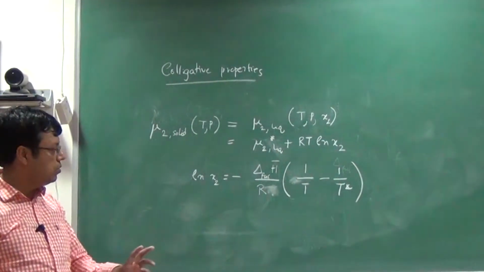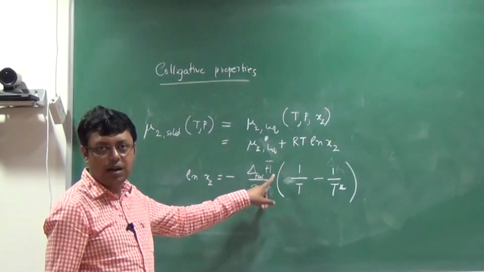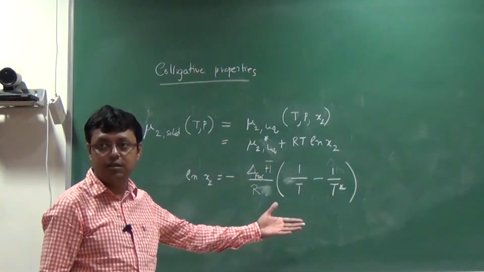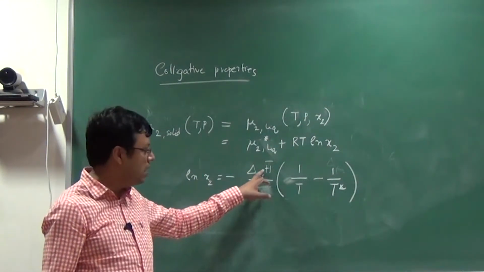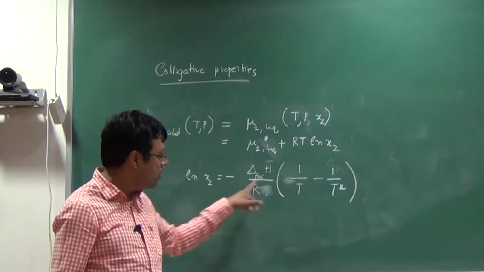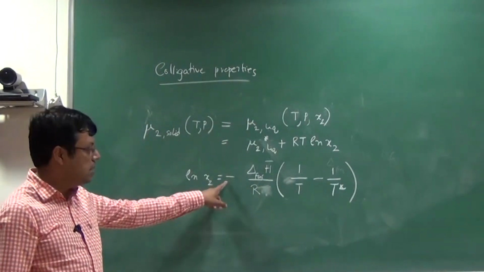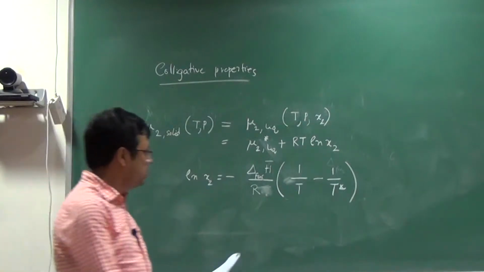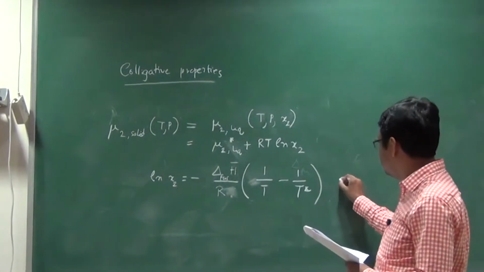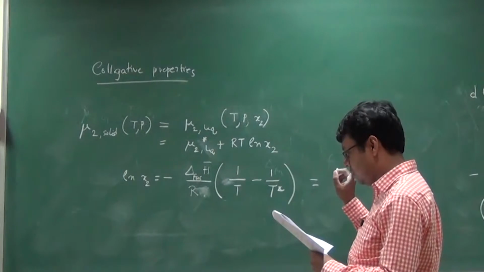So what I'm going to write right now is that delta S is delta Q reversible by T, and delta Q reversible at constant pressure is nothing but delta H. So delta H by T is delta S. Now I have to bring one T here. There's also a minus sign. Just follow carefully. What I have here is 1 over T minus 1 over T star.